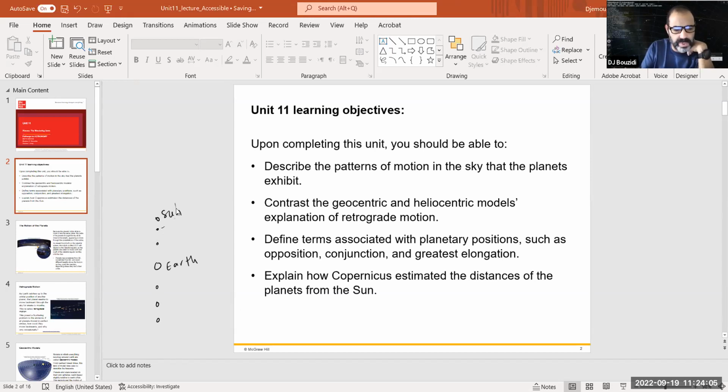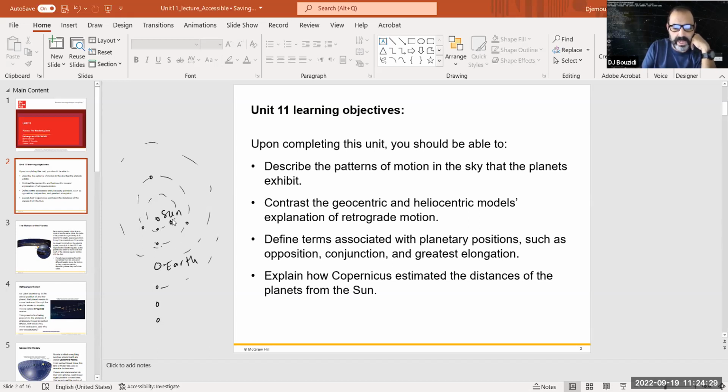At some point, these are going in a circle. These are going in a circle. And let me emphasize the word circle, because he thought the circle still held true. And this is the Earth also going on a circle, and so on and so forth. At some point, the Earth will be here, Venus will be here, or Venus could be here. It could be in any of these points in its path.